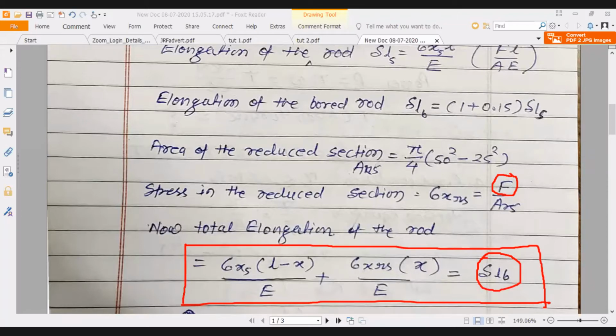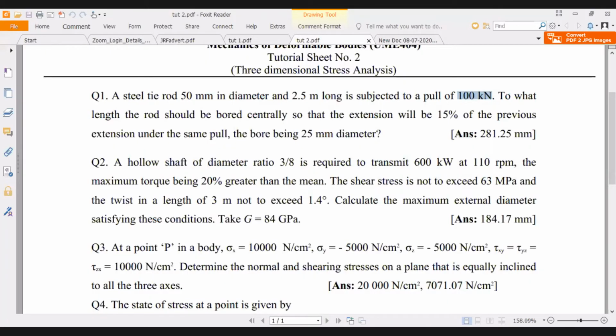Okay. Now the next question states that a hollow shaft of diameter ratio... Hollow shaft diameter ratio means what? It is the internal diameter divided by the outer diameter. The shaft is required to transmit 600 kilowatt at 110 RPM, the maximum torque being 20% greater than the mean, and the shear stress is not to exceed 63 megapascal, and also the twist in a length of 3 meters is not to exceed 1.4 degree.